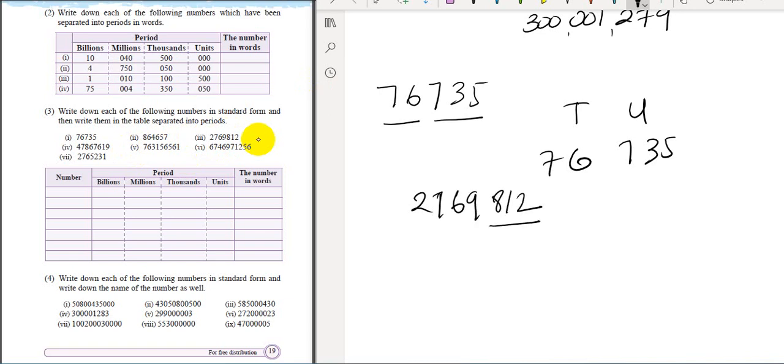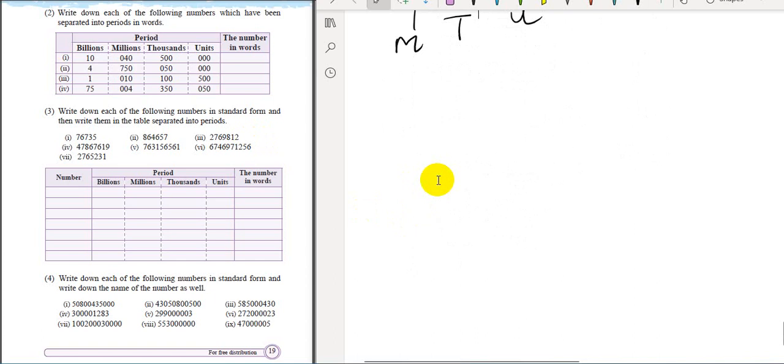2769,812. Unit period, 1000 period and million period. 2,161,812. The third is okay. Then we'll move to the fifth one. Fifth one, 7,631,561.